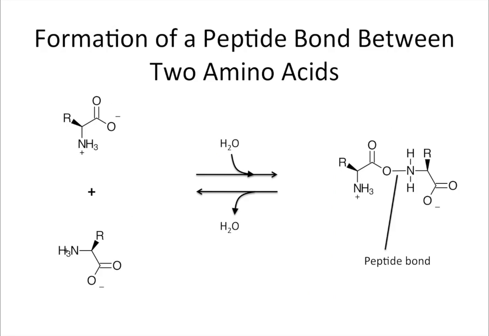Okay, so now that brings us to talk about the formation of a peptide bond between two amino acids. Here you can see we have two generic amino acids. We have the carboxylate group, the amino group, and then the R group. These are present in both of these. We need water to form a peptide bond.